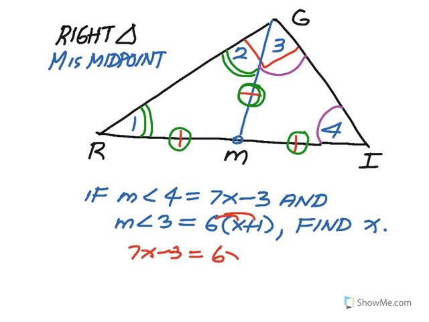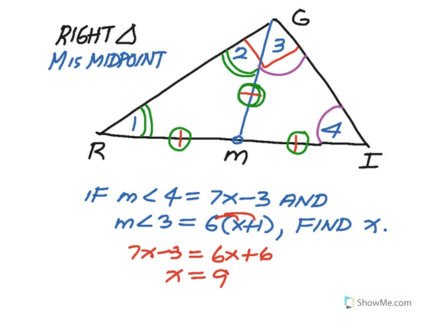So subtracting 6x from both sides leaves an x on the left, and adding 3 to both sides puts a 9 on the right. So x must be equal to 9. Then angle 4 is 7 times 9, or 63, minus 3, which would be 60 degrees. And angle 3 would be 6 times 9 plus 1, or 6 times 10, 60 degrees, and that would check.